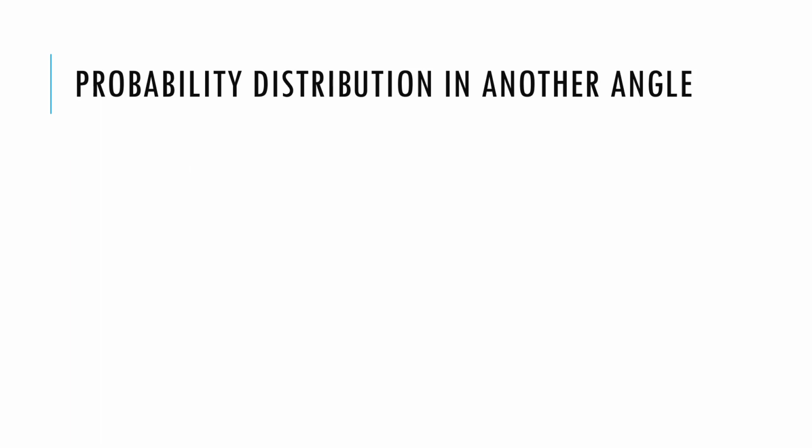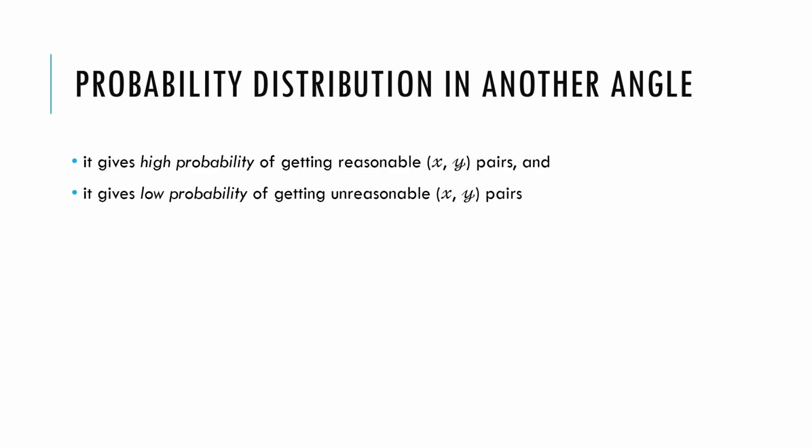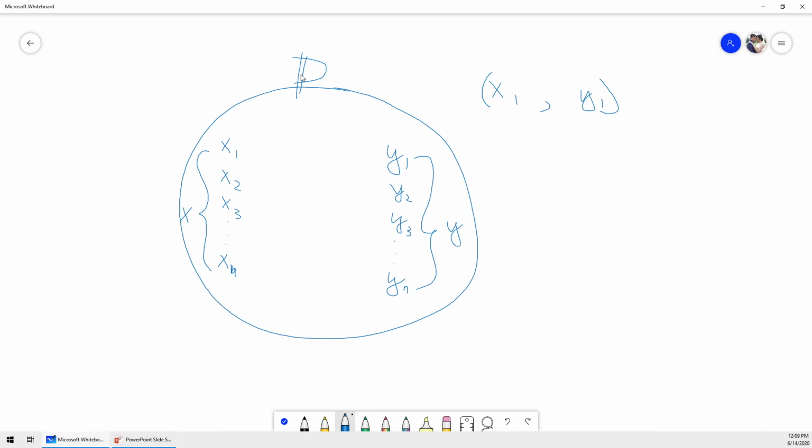Let's take a look at it from a different angle. Think of the probability distribution as something that gives us a high probability of getting reasonable X, Y pairs, and a low probability of getting unreasonable X, Y pairs. To illustrate, say this is our probability distribution.